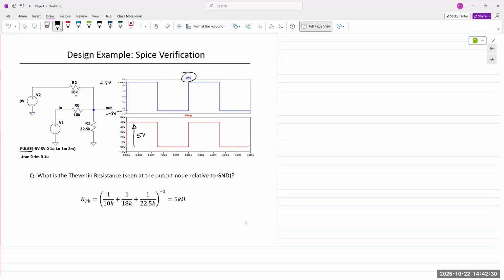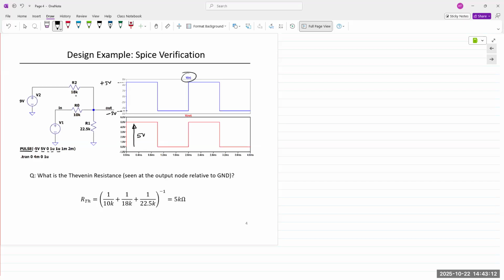In pulse, you're defining the parameters. You're saying it's going from -5 to +5 volts, with a delay of 0, and then 1 microsecond as a transit time. You have to specify how long it takes to go from -5 to +5, and we describe it with a very, very small value, so it's put as 1 micro. You can put 1 nano also, and it will work just fine. In 1 microsecond, it goes from -5 to +5, and the next time it goes from +5 to -5, it takes 1 microsecond. That's just the way the waveform has to be described.